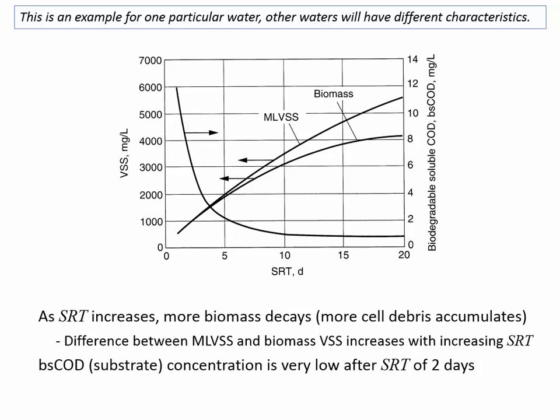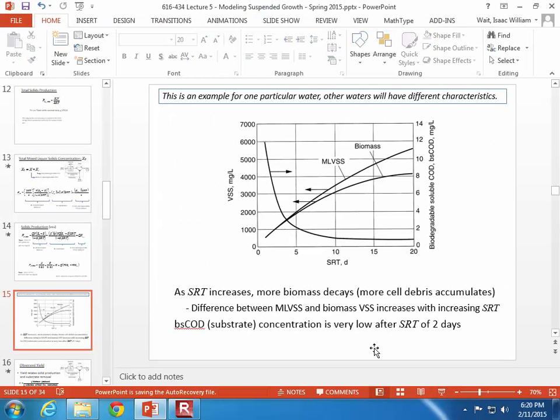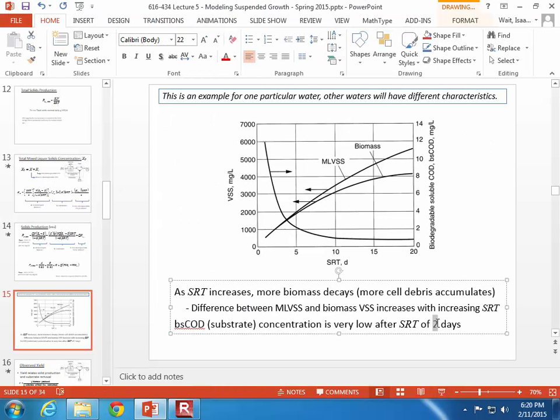So it's just in this particular instance that it looks like most of the removal has happened after, I don't know, maybe 2 days isn't right. Maybe I should change that to say 4, because this starts flattening out, diminishing returns, I'd say, is about here. So I'm going to change that just to say 4 days.